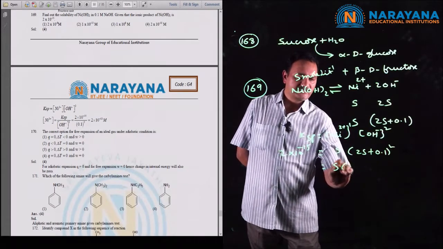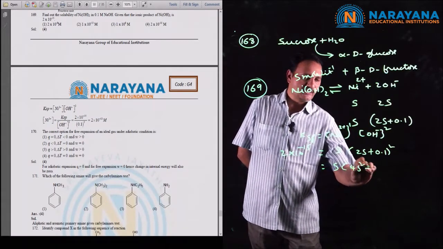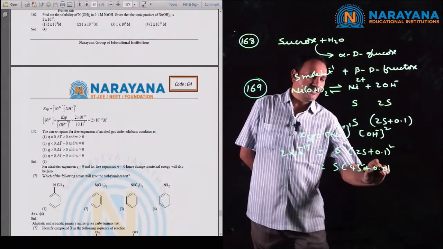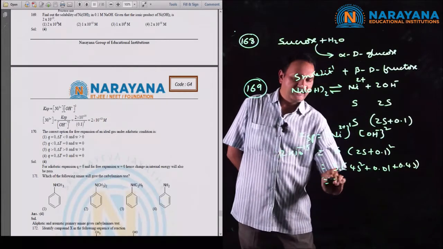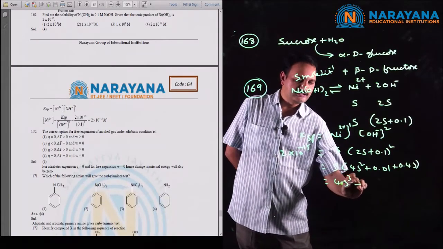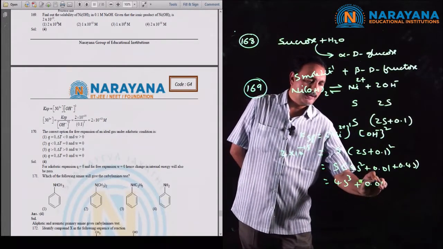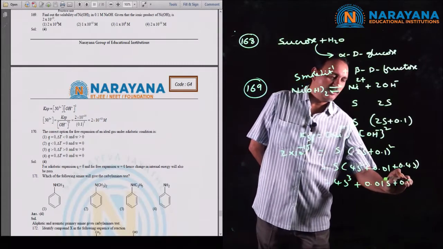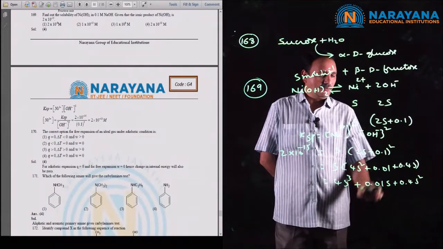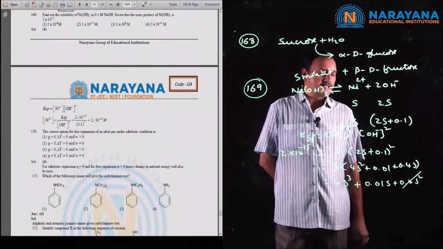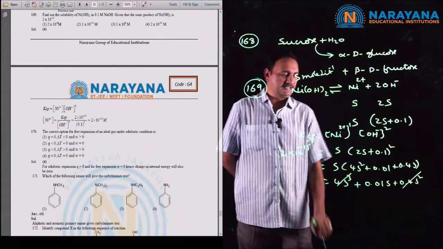That is equal to S into (4S square plus 0.01 plus 0.4S). By multiplying this, one term becomes 4S cube and the others are 0.01S plus 0.4S square. S is a small value, so compared to it S square is negligible and S power 3 is negligible.